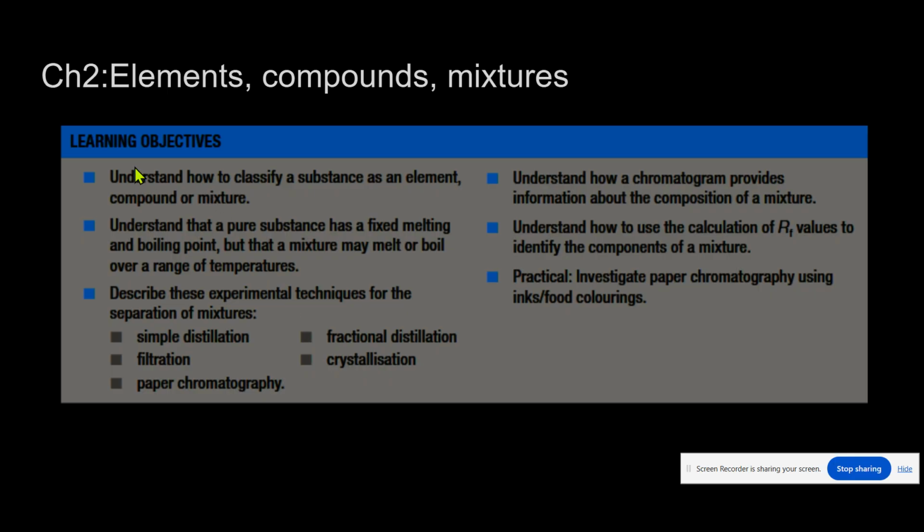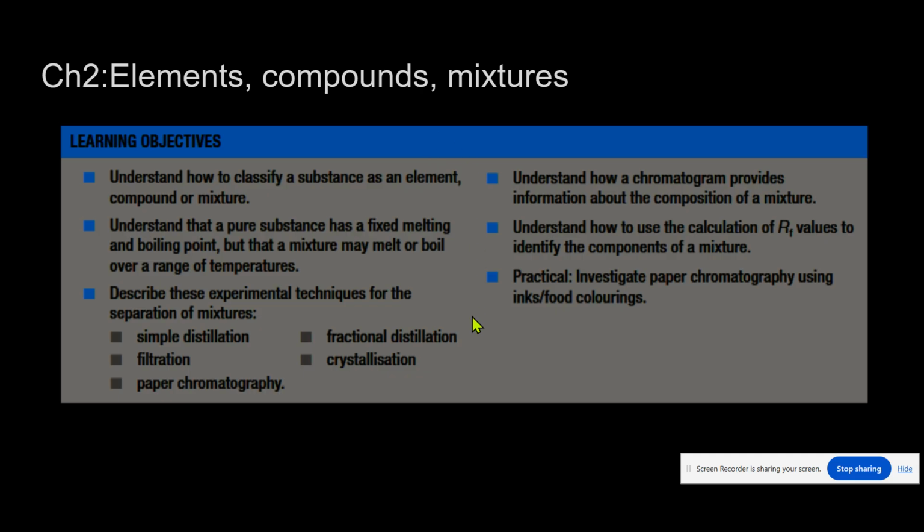Let's go over the learning objectives, see if we understand how to classify a substance as an element, compound, or mixture. We need to look at the molecules. If we see different types of molecules, then it's a mixture. If we see the same type of molecules, then it's an element.